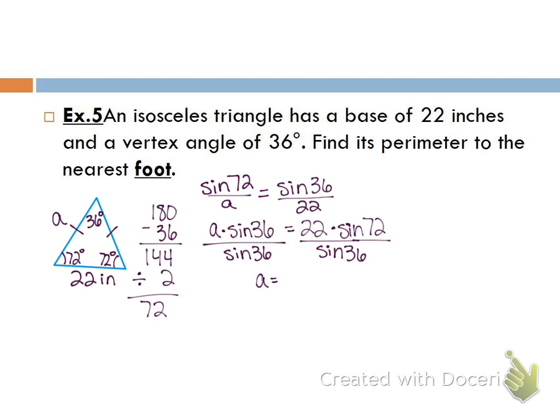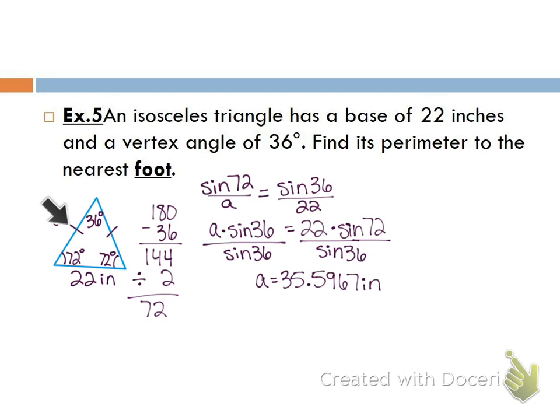What do we get for A? 35.5967. Now, I don't want to round it yet because that is not our final answer. I don't like to round anything officially or too much till the very, very end. What would the units on A be? Inches.